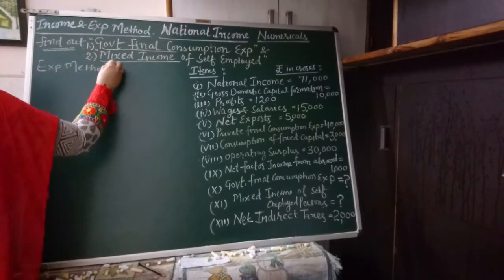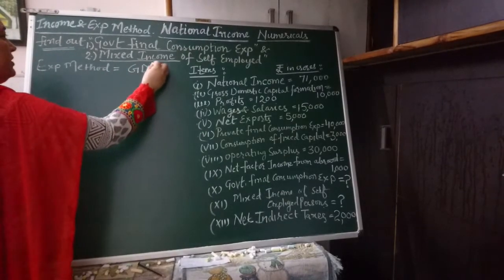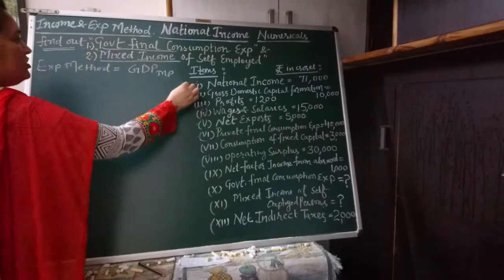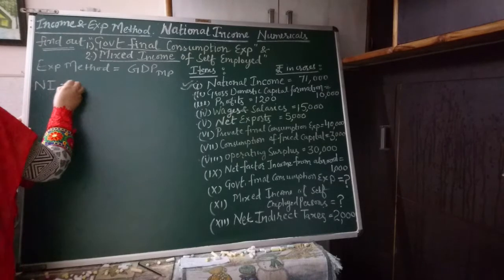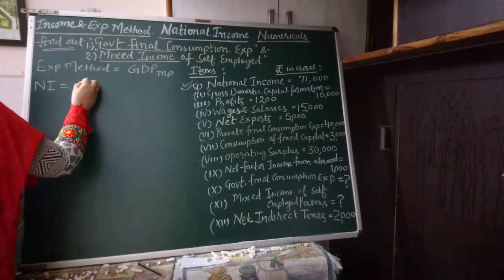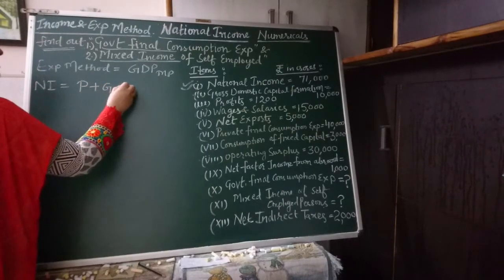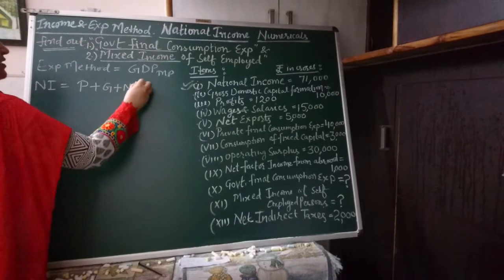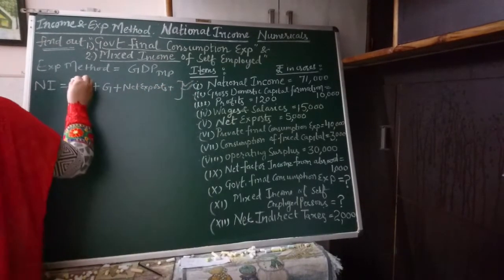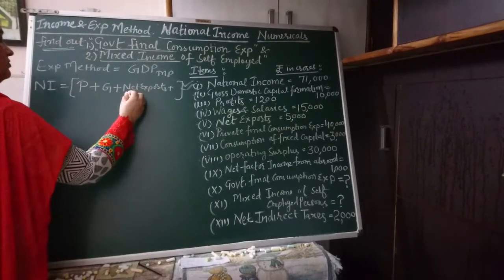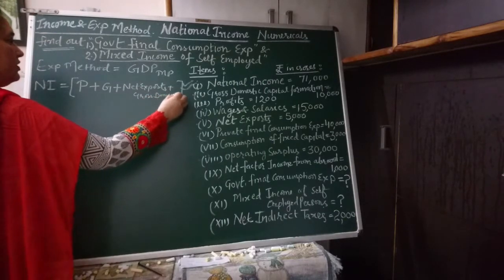In expenditure method, we calculate GDP at MP. Here national income is given. So I am writing down national income by expenditure method is equal to private final consumption expenditure plus government final consumption expenditure plus net exports plus gross domestic capital formation.